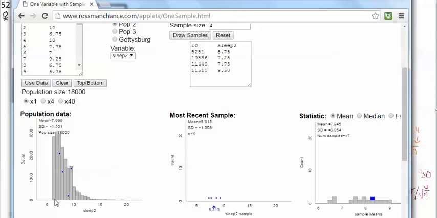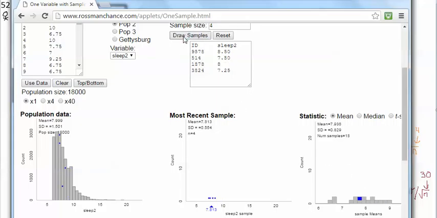Since most of the population members are at the low end, most of the possible samples will also be at the low end with lower sample means. And fewer possible samples will be up higher with higher sample means.